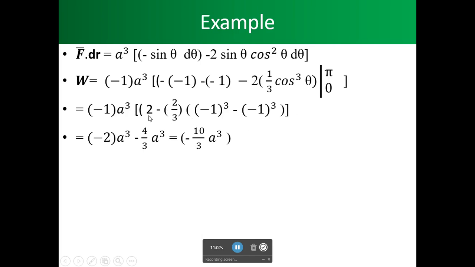And now this quantity here comes out as 4 over 3.